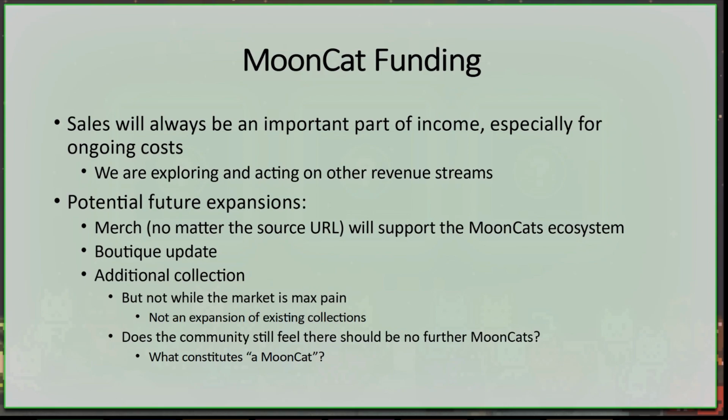We've had some of these conversations one-on-one with people, and I realized really quickly that not everybody defines a MoonCat the same way. I know that sounds crazy, but believe me, they don't. So this is a sneak peek into what is going through our minds in terms of ensuring that the collection and the project stay sustainable and interesting.